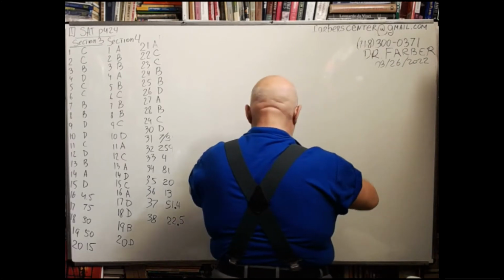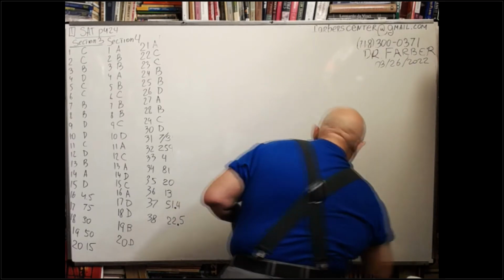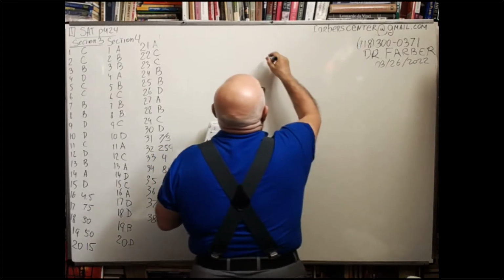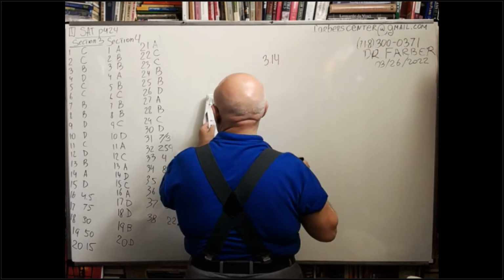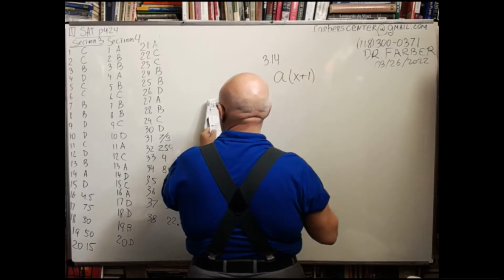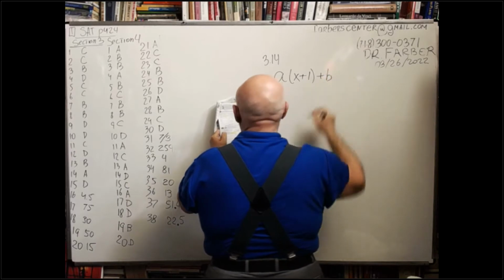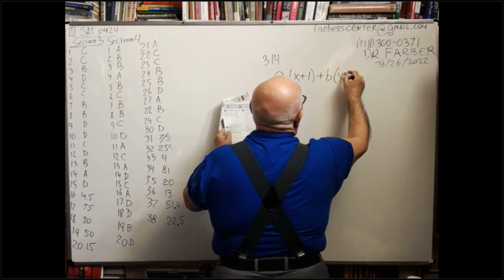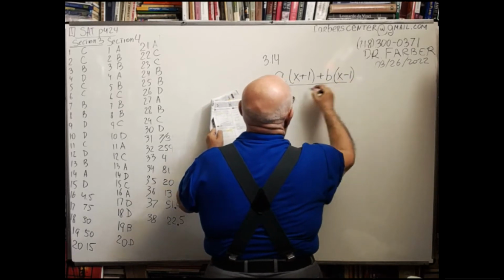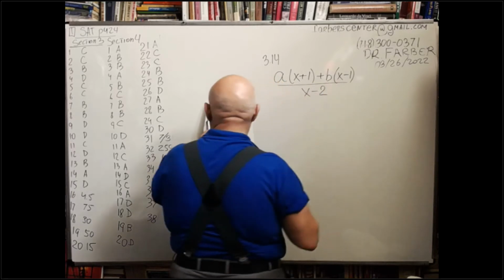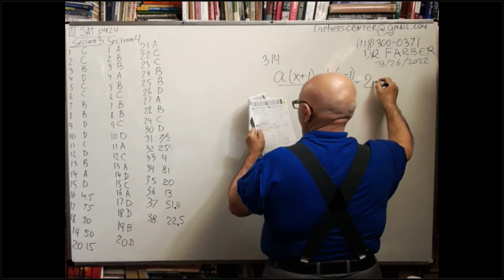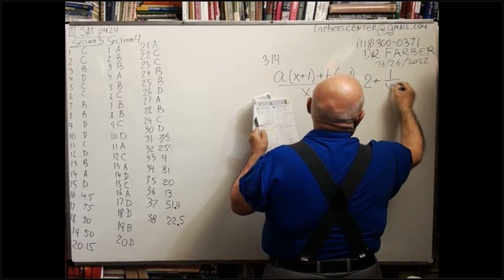In 314, we have a times x plus 1 plus b times x minus 1, divided by x minus 2, equals 2 plus 1 over x minus 2.